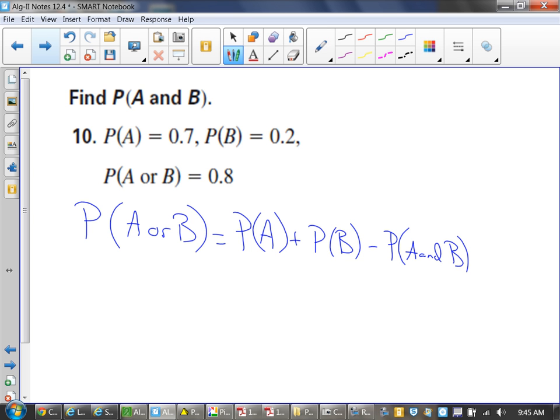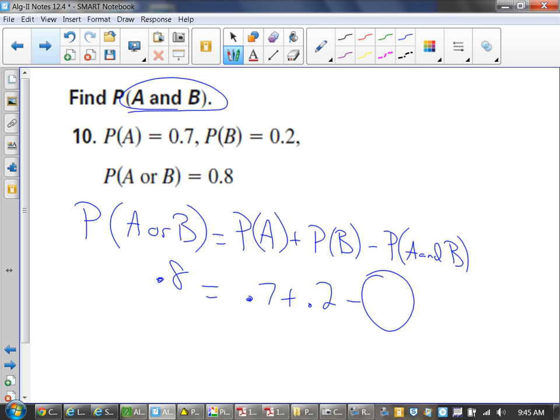A or B is 0.8, is 0.7 plus 0.2. What are we missing here? The overlap. So how do I solve for that simple one-step equation? Minus 0.1. Everybody see that? Wouldn't that be and? A or A and B?